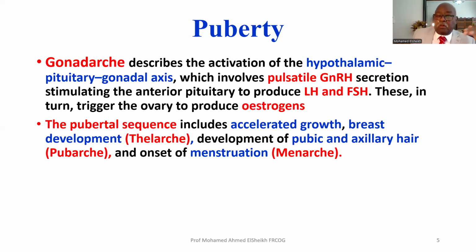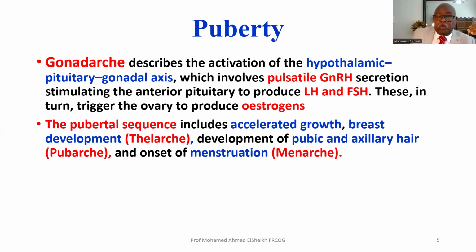So the changes occur at the hypothalamus, producing GnRH in a pulsatile fashion, acting on the pituitary to produce FSH and LH in a pulsatile fashion too, and these act on the ovary to produce estrogens.